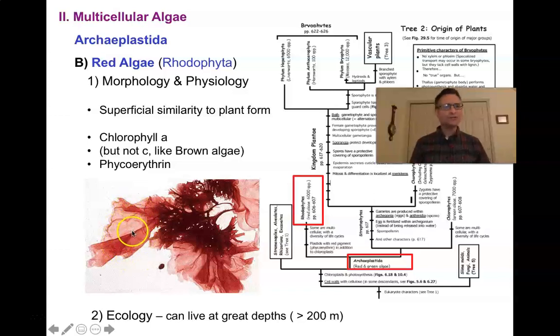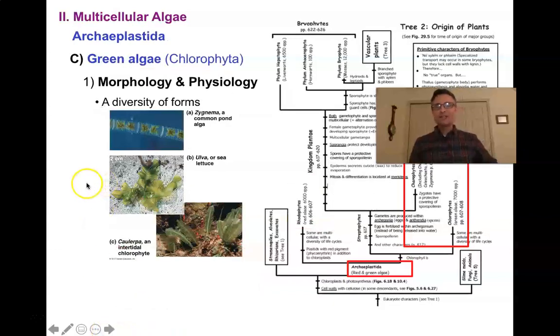So red algae are very ecologically important because there are species that can live at so many different water depths. They're also economically important. If you like sushi, nori is this red algae seaweed that goes around sushi, so that's good. Okay. Which takes us to our green algae.